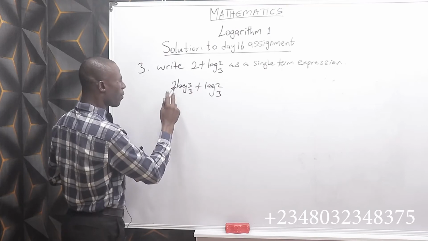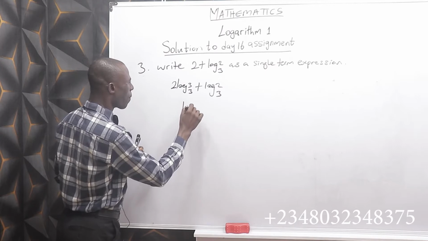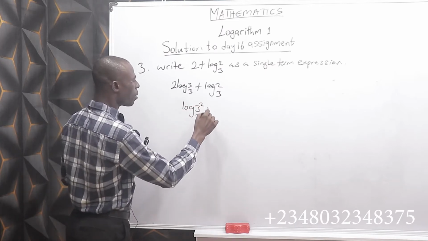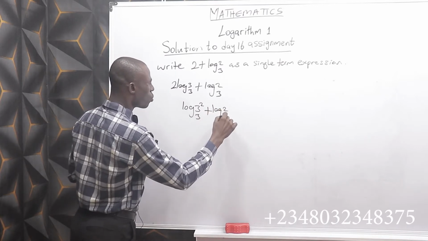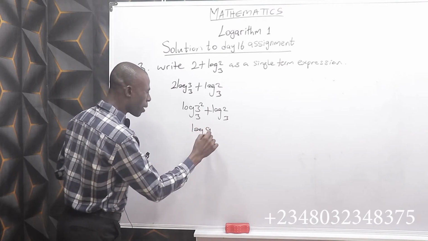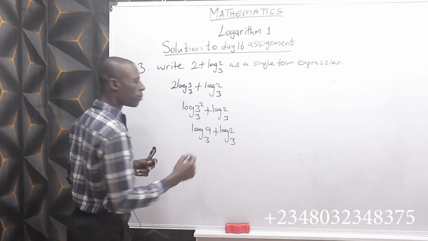So apply a further law here to have log 3 raised to power 2 base 3 plus log 2 base 3. This gives us log 9 base 3 plus log 2 base 3.